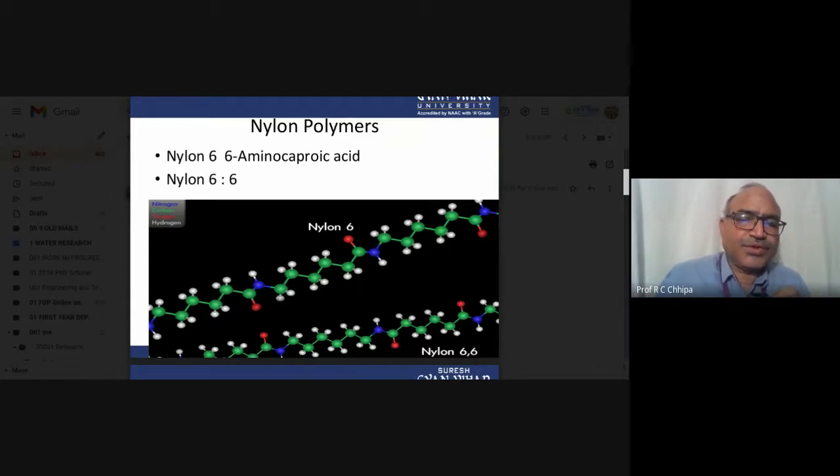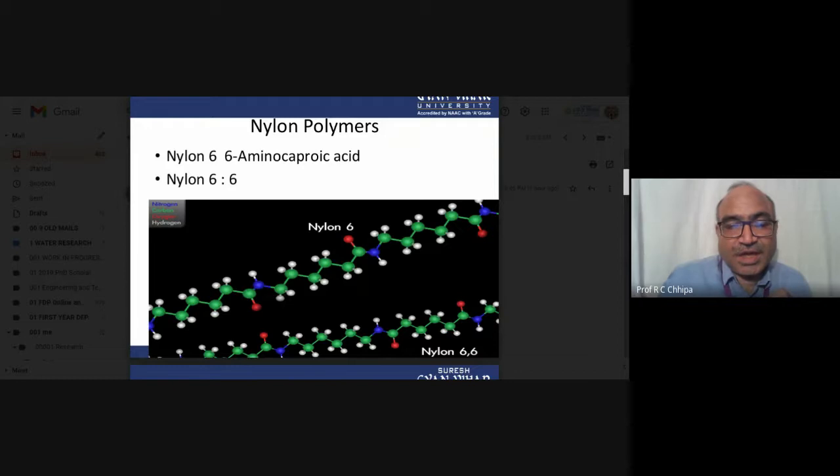Nitrogen is combined with one carbon, a CH2 group, and on the other side is the carbon double bond oxygen. All of you know that the carbon double bond oxygen group is the carbonyl group. So here nylon 6 is formed.